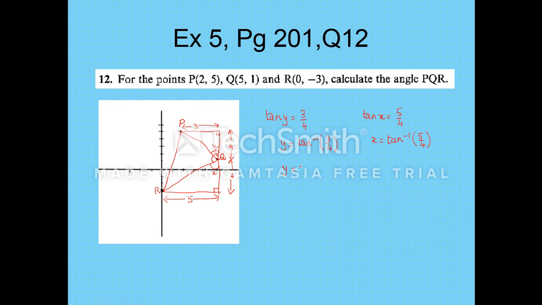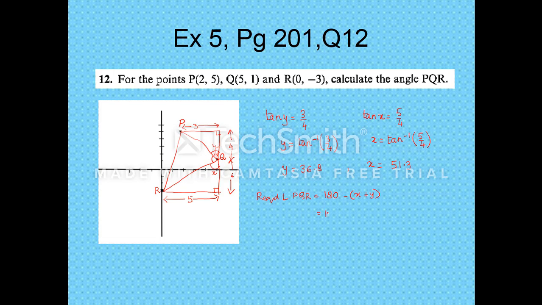Y comes out to be equal to 36.8 to 1 decimal place, and x comes out to be equal to 51.3. So the required angle, which is angle PQR, by looking at the diagram, we can say will be equal to 180 minus (x plus y).